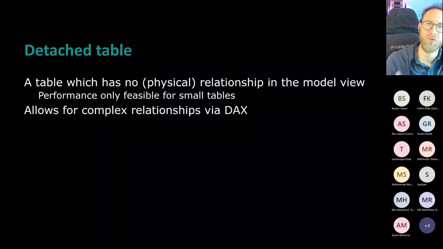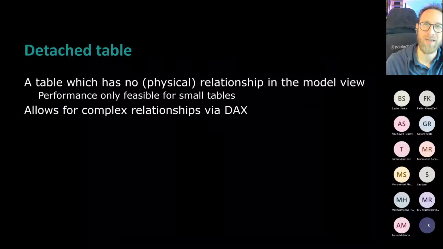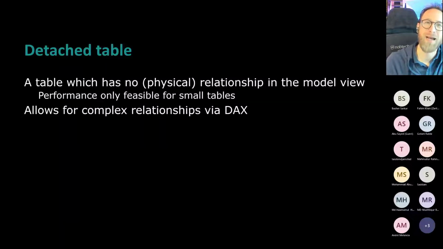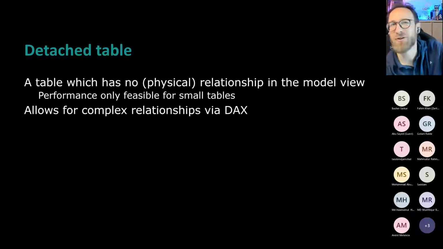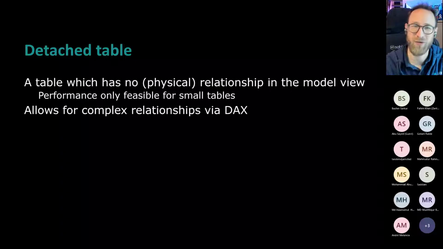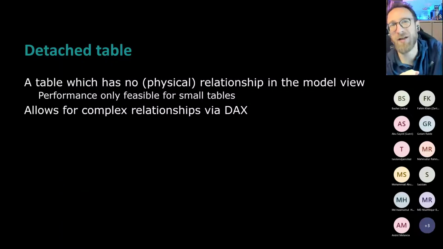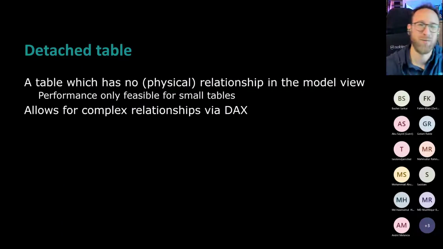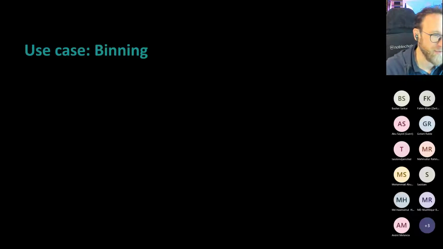A usual filter relationship is an equality join: the product ID here is some value, and I want to find the same product ID in the other table. The filter is on an equality expression, product ID equals the product ID there, and then I join those rows from these tables. If we need more complex relationships, like a range or some inequality, we cannot build a filter relationship in the model view, and then we can reach for the concept I want to demonstrate next.